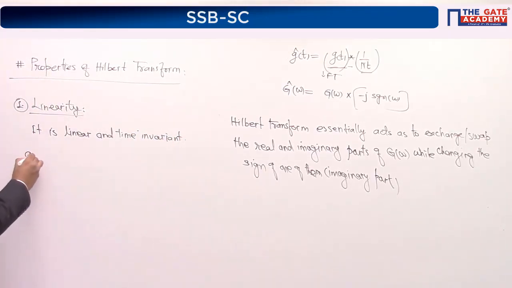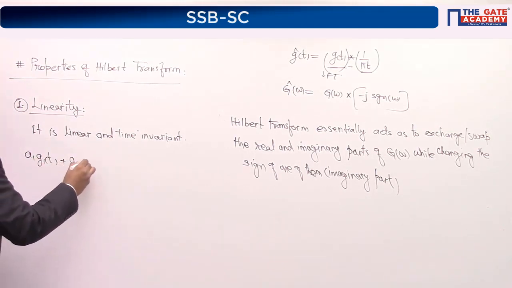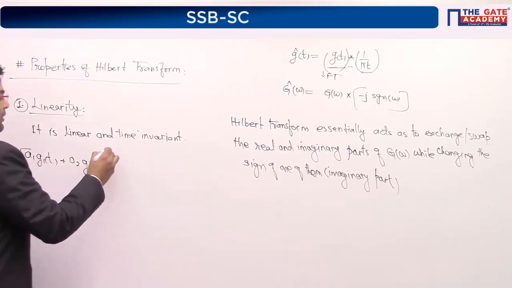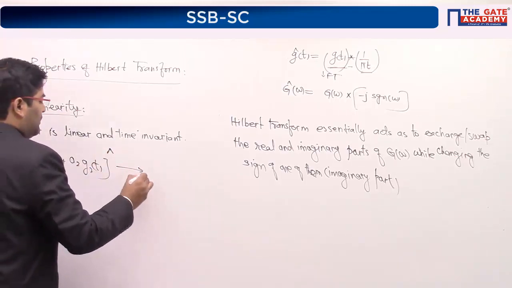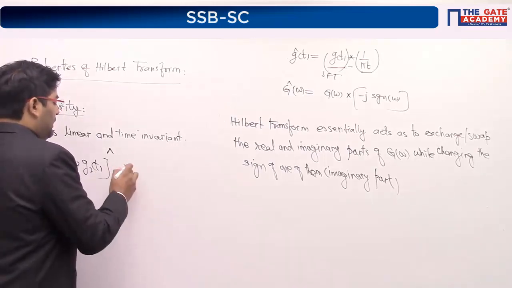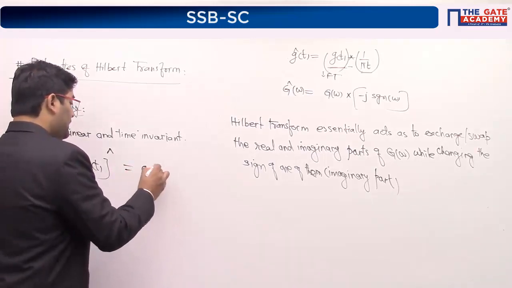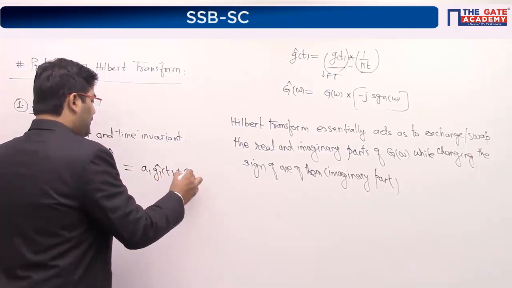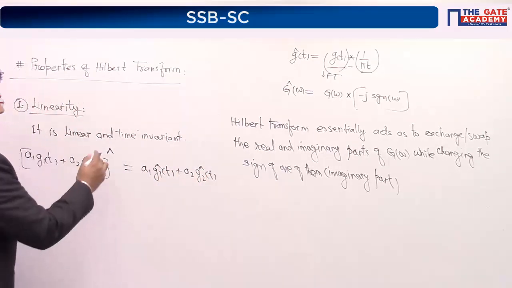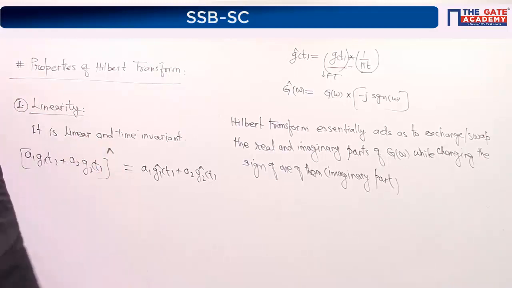So, if you take the Hilbert transform of A1 g1(t) plus A2 g2(t), I put a hat, it will be equal to A1 g1 hat(t) plus A2 g2 hat(t). Guys, don't get panicked by this hat. It's just like taking a transform, okay?